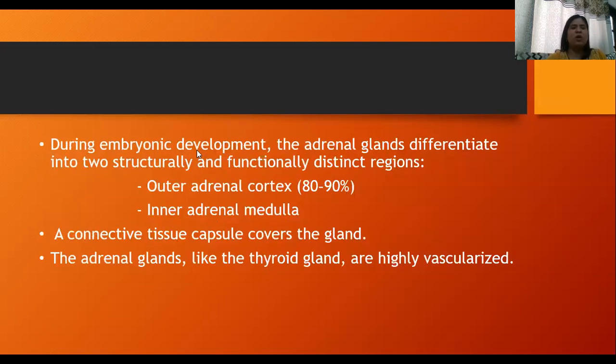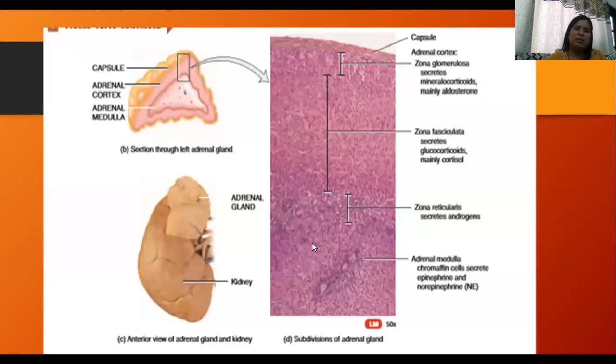During embryonic development, the adrenal glands differentiate into two structurally and functionally distinct regions, that is the outer adrenal cortex, 80 to 90%, and the inner adrenal medulla, that is 10 to 20%. And a connective tissue capsule covers the gland, right? This you can see in this picture.